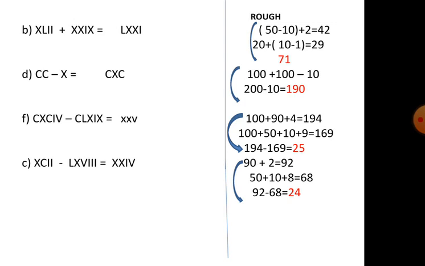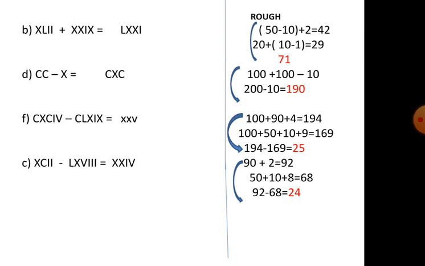Next, F, CX, CIV. So CX, C means 100, X means 10. So 100 plus 10. Yes, but we will not do it like that. C means 100. Now second is XC. It was said that X when written to the left of C, so what we will do? We will do 100 minus 10.